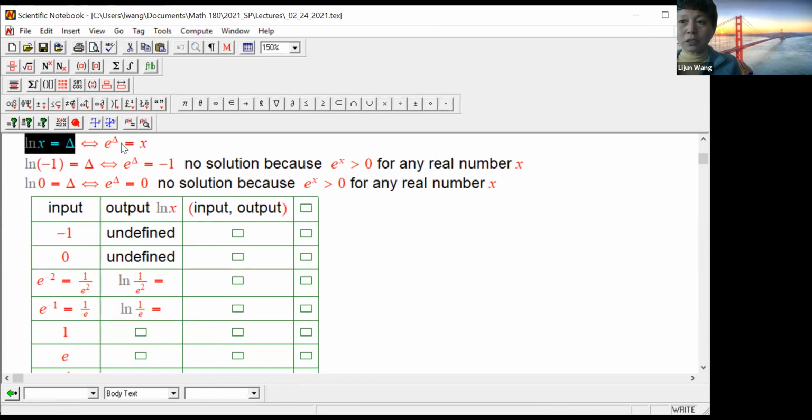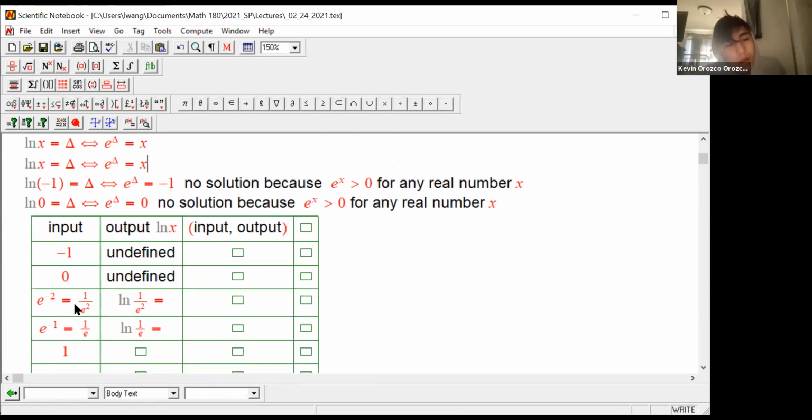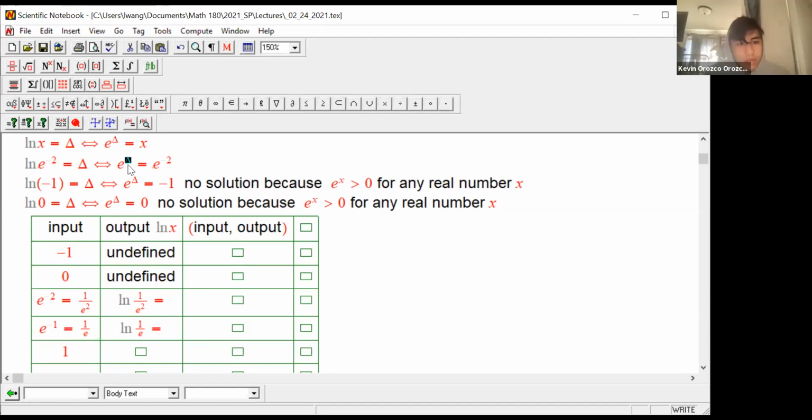But I'm going to explain to you why. Using the same definition, if the input is e to the power negative 2, you will need e to the power triangle to equal e to the power negative 2. What does that triangle have to be? It has to be negative 2, right here.